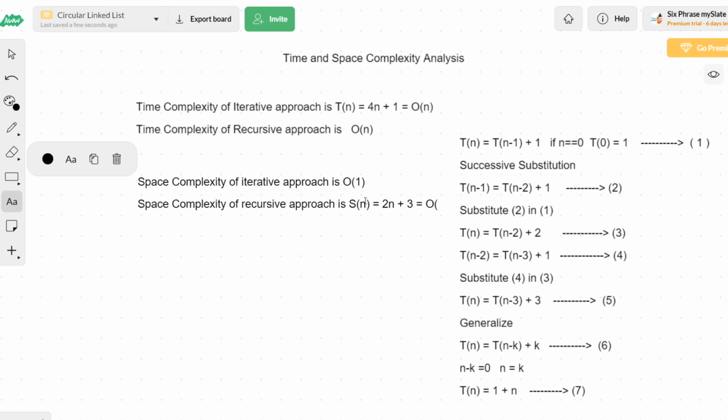So order of n is the space complexity of the recursive approach, as we already know that recursion is a memory costly operation. So the time and space complexity analysis of both the iterative as well as recursive approach of a circular linked list has been discussed in and out. Okay, thank you students.